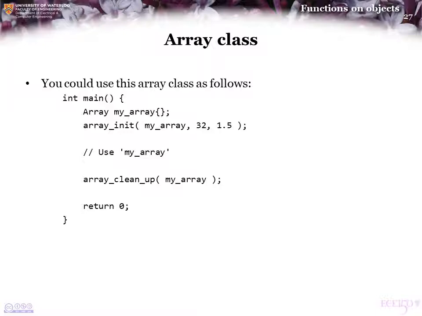Then we call array initialization, pass it my array, indicate that we want the array to have a capacity of 32 and that each entry of that array should be initialized to a value of 1.5. At this point, the program can use the local variable myArray, and once we are done with it, we can call on myArray the cleanup function.